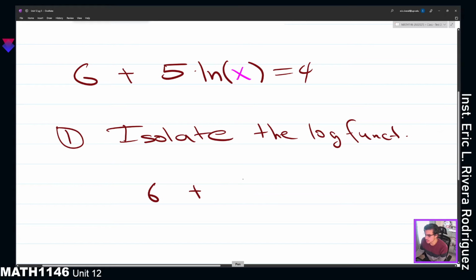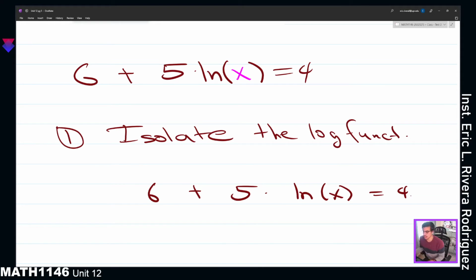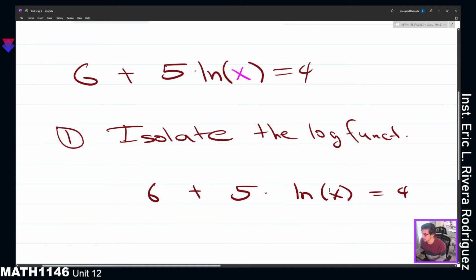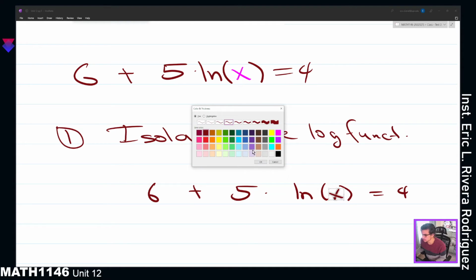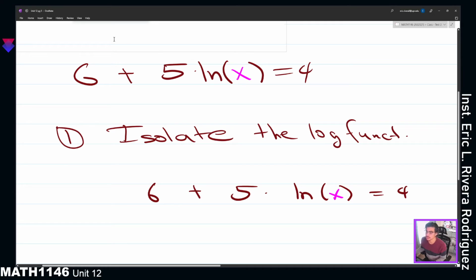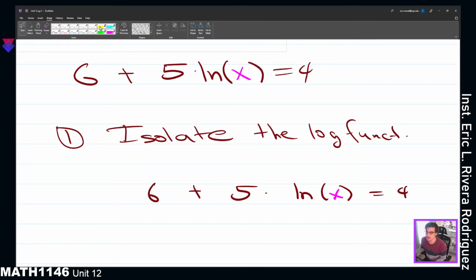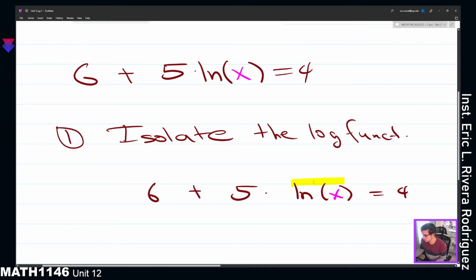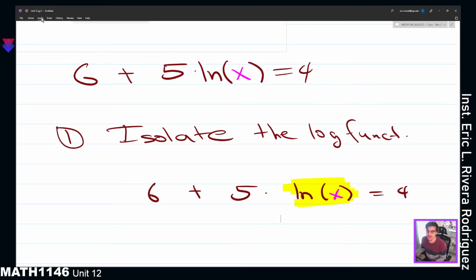The first thing I want you to remember is that ln, when we use logarithmic functions, is another way to write values. So what we have here highlighted in yellow, that's just a value. That's a factor.